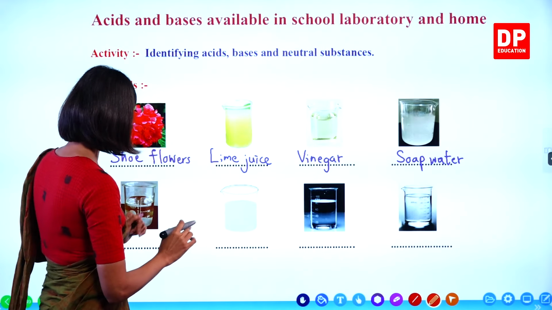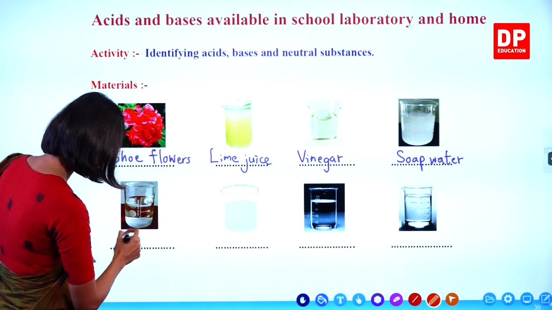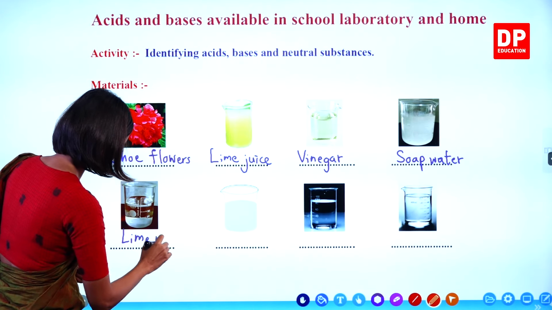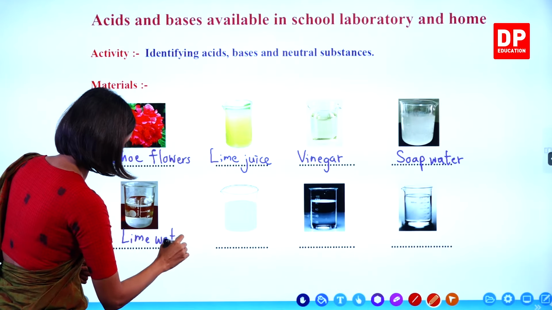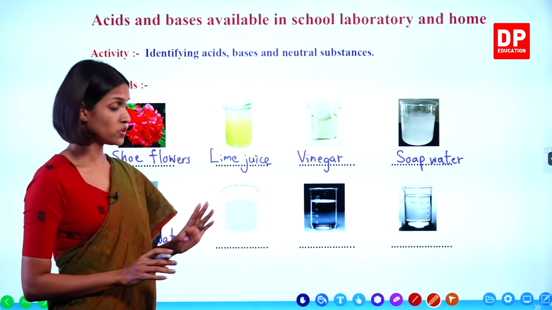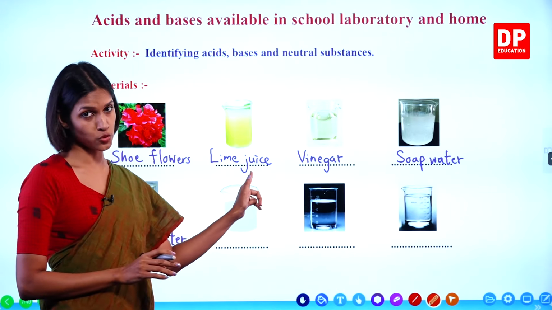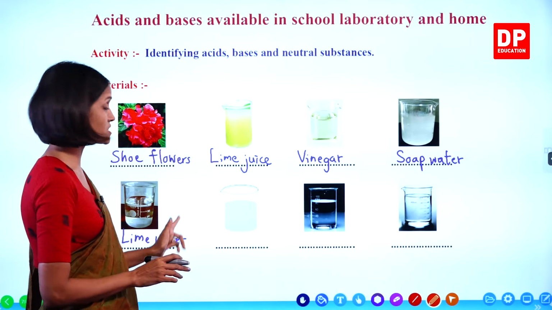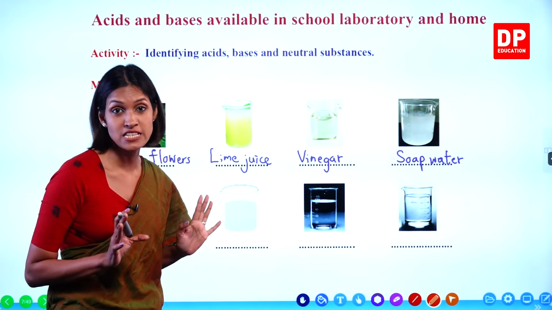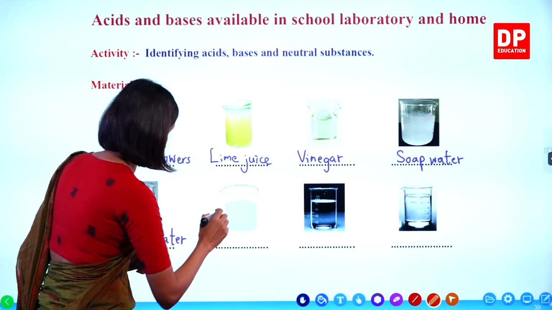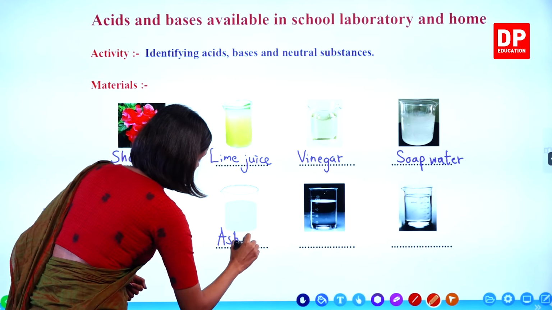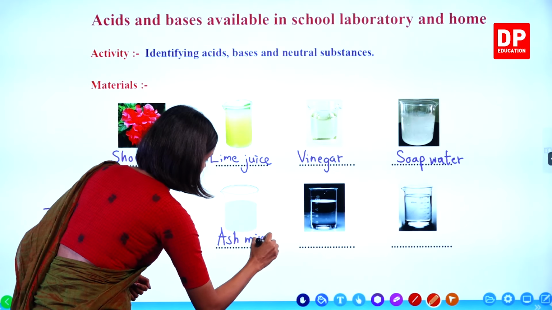Okay? And then we need lime water. Now I told you lime water is not lime juice. Lime juice is an acidic substance. What about lime water? Lime water is a basic substance. And then we need ash mixed water.